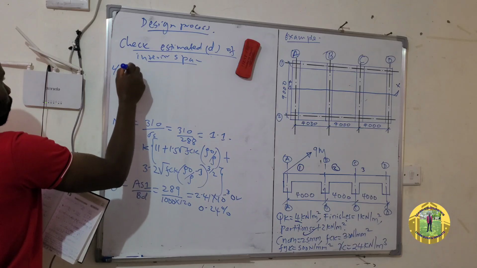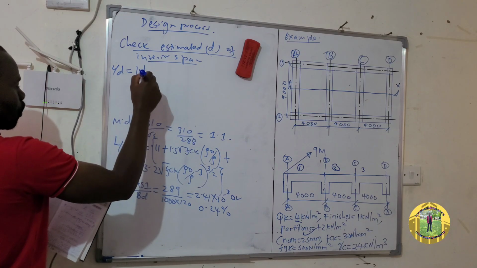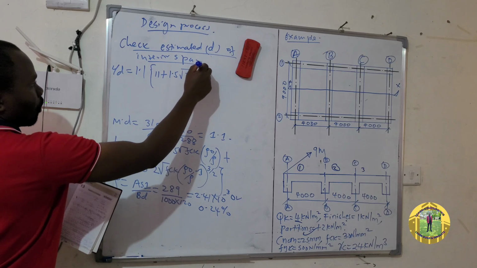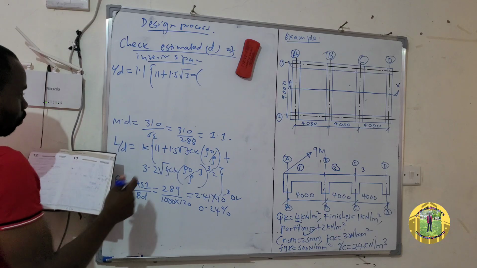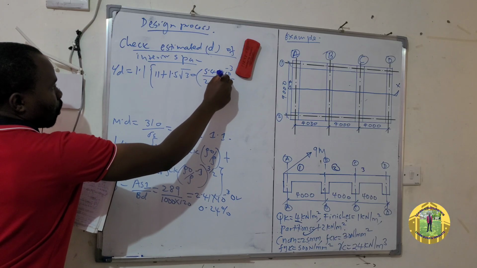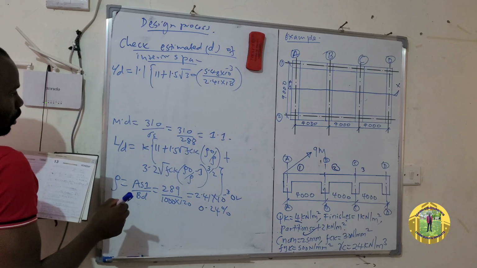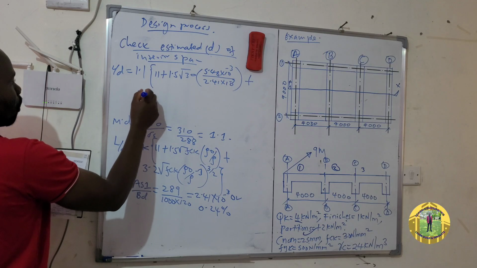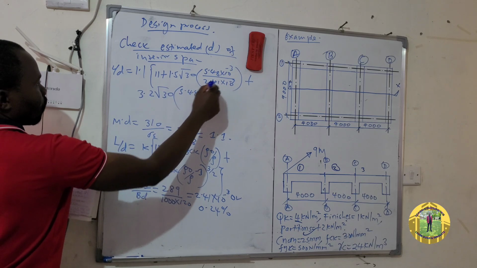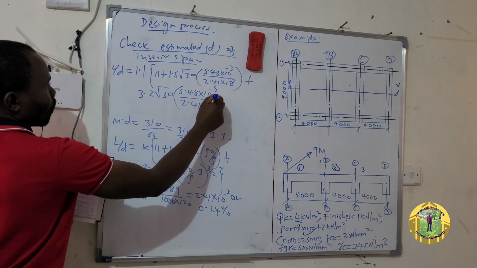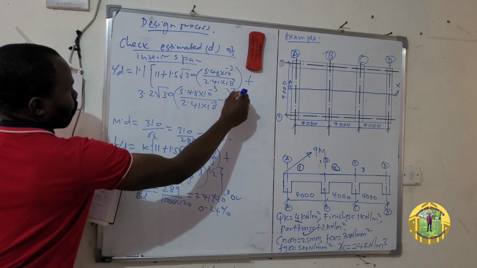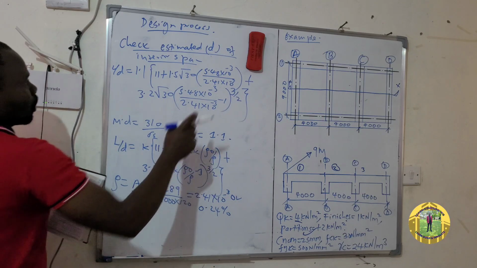L over d is equal to K, here 1.1, into the bracket 11 plus 1.5 root 30 times 5.48 times 10 to the power of negative 3 over 2.41 times 10 to the power of negative 3, plus 3.2 root 30 into the bracket 5.48 times 10 to the power of negative 3 over 2.41 times 10 to the power of negative 3 minus 1, close the bracket, raised to power 3 over 2, then the larger bracket.